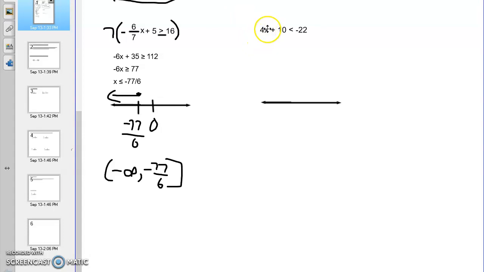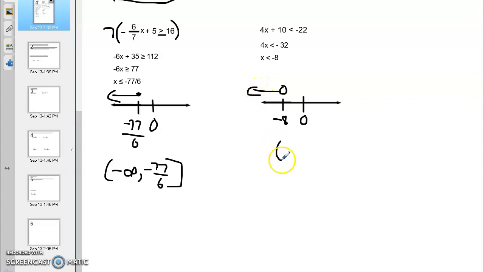Finally, our last one here is going to be 4x is less than negative 32. When I divide by that 4, remember the sign does not flip because I'm not dividing by a negative, even though there's a negative in the numerator. My answer is simply x is less than negative 8. So we get a 0, we get a negative 8, we get an open dot, and we go to the left.